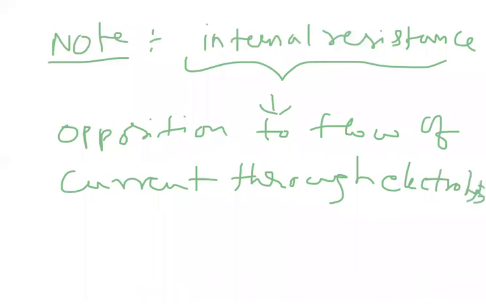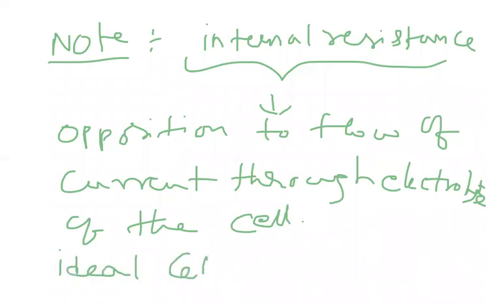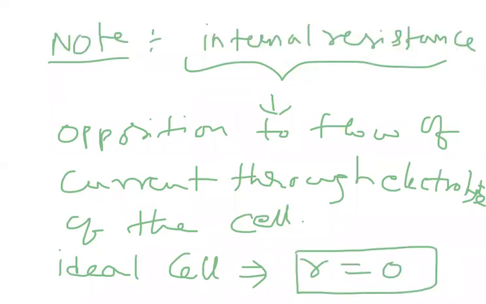Electrolyte of the cell. So here, the opposition to the flow of current through the electrolyte of the cell is the internal resistance. Suppose it is mentioned that it is an ideal cell. What do you mean by an ideal cell? It means the internal resistance value is 0. Whenever you mention an ideal cell, remember that an ideal cell means internal resistance is 0.